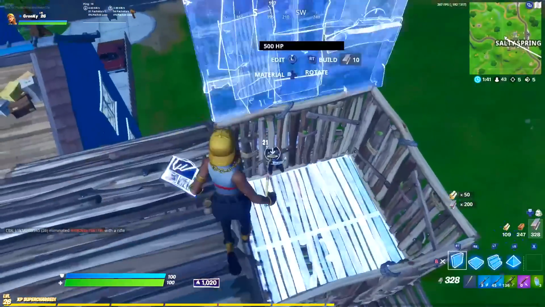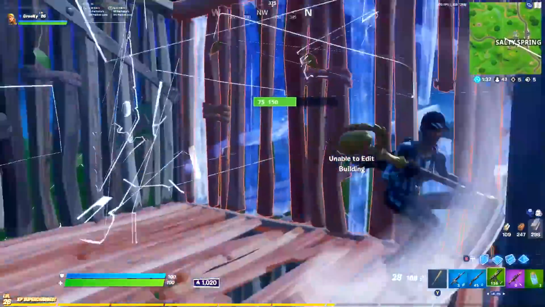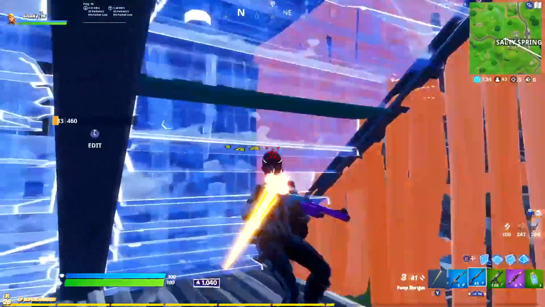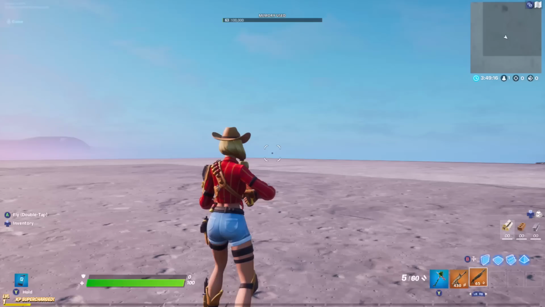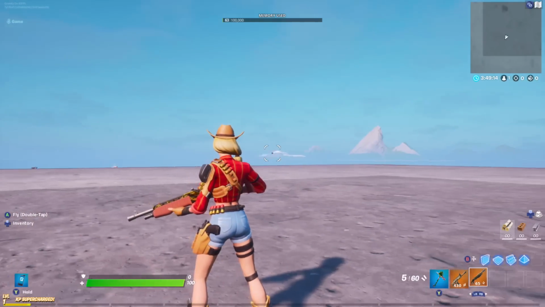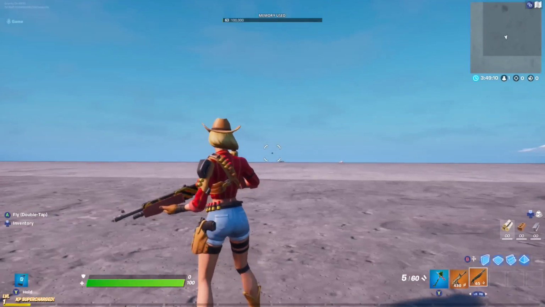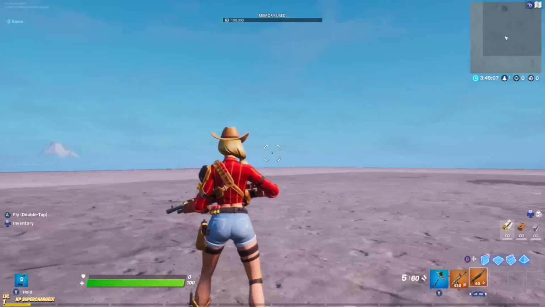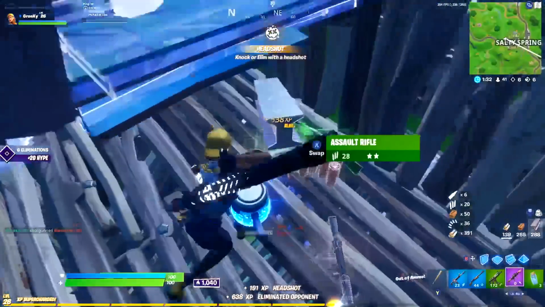That's textbook aim acceleration right there, no way to debate it. But then when I switch to linear with a 0.0 second look dampening time, no matter how little I move my crosshair, it moves at the full speed of my sensitivity. So look dampening time doesn't single-handedly control your amount of aim acceleration, it simply modifies the base amount of aim accel that the input curve has.